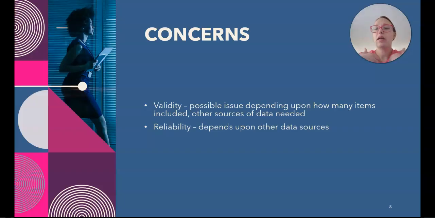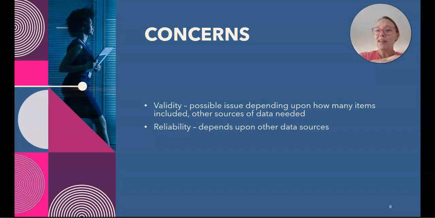And it's really important, I think, to triangulate, because checklists are great at getting a little piece of the puzzle, but you really need other sources of data to get a clearer, fuller picture of whether you can answer your research question that you originally started with.